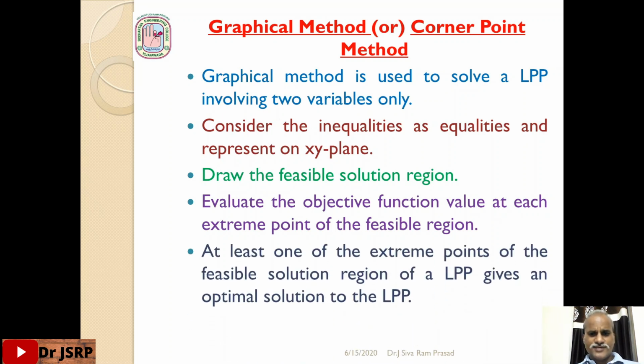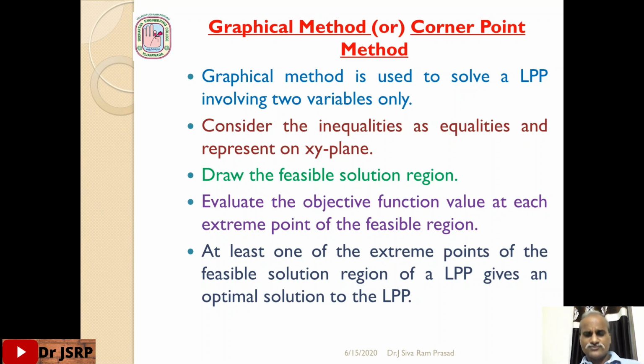At each extreme point, we calculate the objective function value. Then the largest objective function value gives the maximum value of the objective function in the case of a maximization problem.